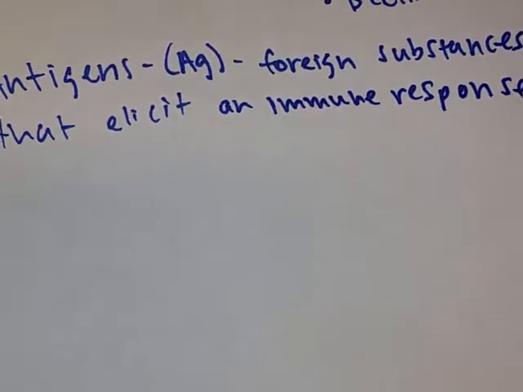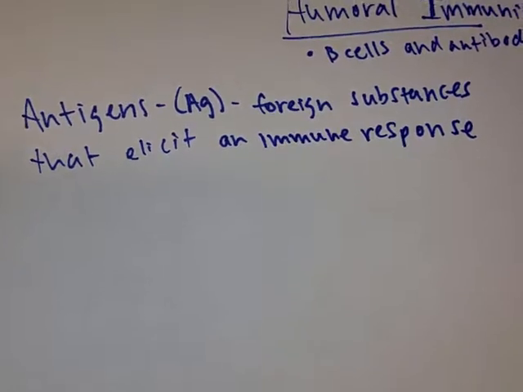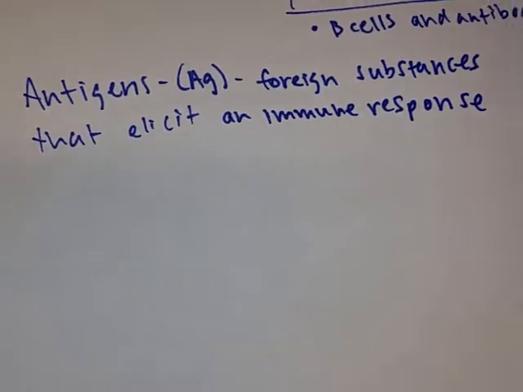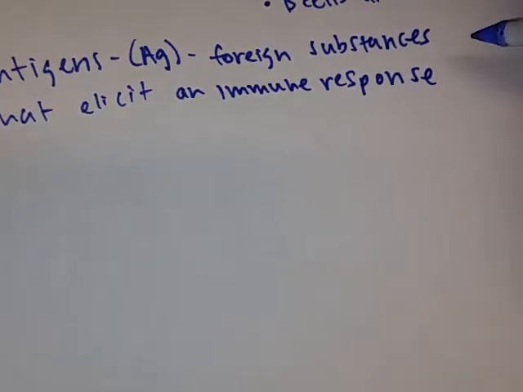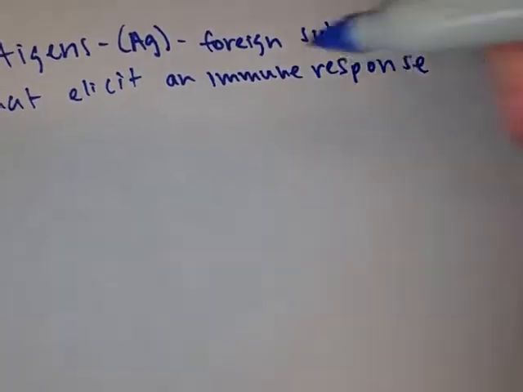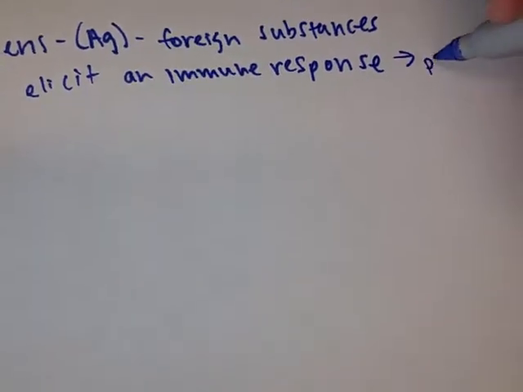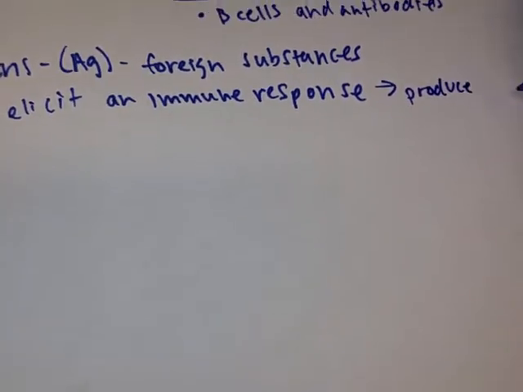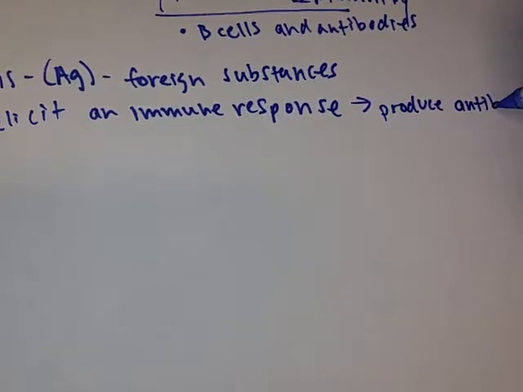They could be pathogens, or toxins like poison. By eliciting an immune response, they lead to production of antibodies.